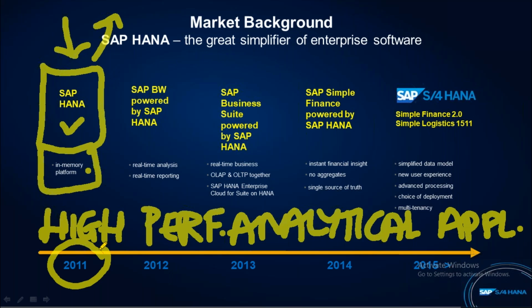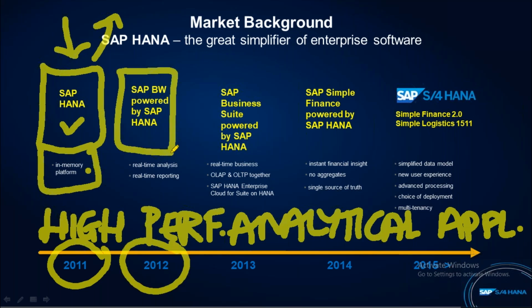And from here, the following year, 2012, was the year in which the BW application was connected on the HANA. The BW was created for reporting, for consolidation, for planning, and likewise to offer an enterprise data warehouse for the really large customers with various big data sets that have to be separately stored in an enterprise data warehouse.